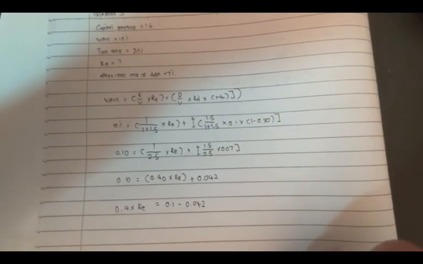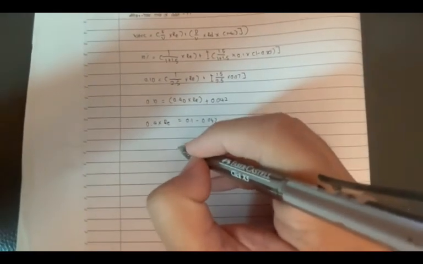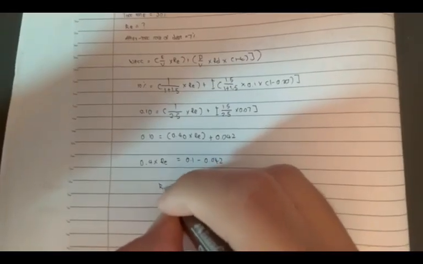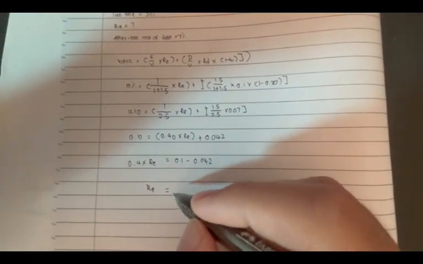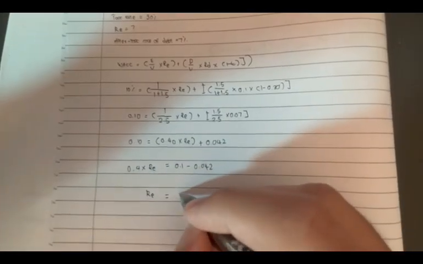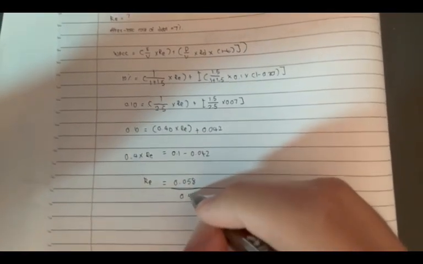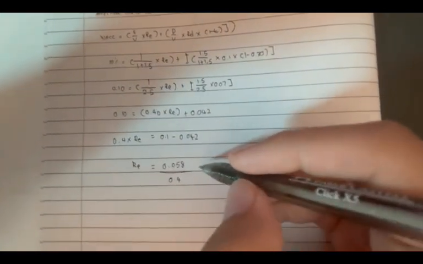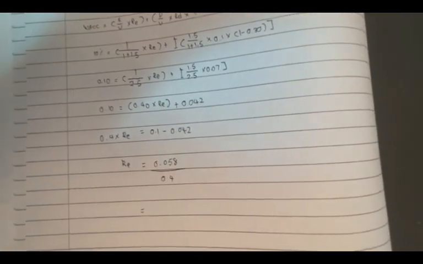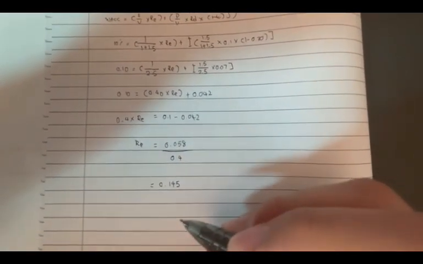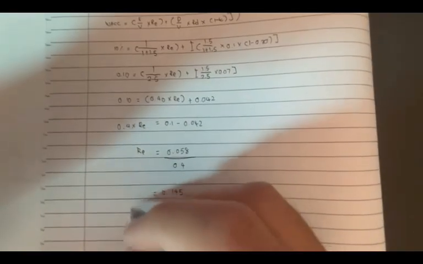Now just make it simple like this: RE equals 0.058 divided by 0.4, so we will get about 0.145.